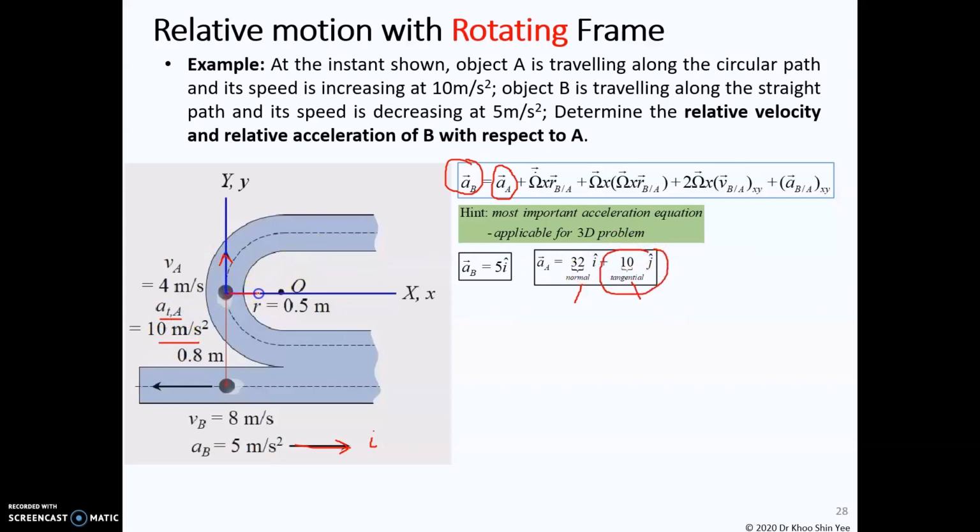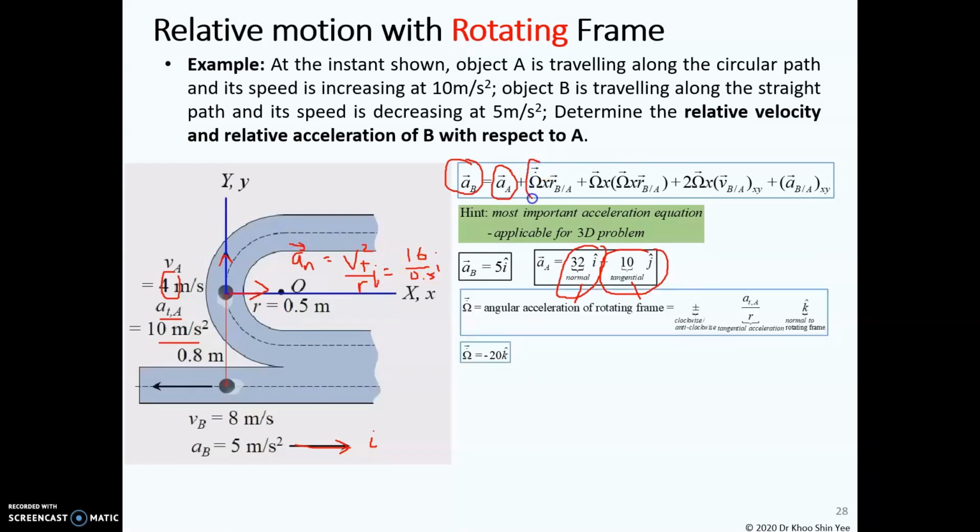And you have a normal acceleration towards the center, equal to v tangential squared divided by radius. Substituting the tangential velocity, which is equal to 4, into the formula, you obtain 16, then divide it by 0.5. You should obtain the normal acceleration to be 32 in the i direction.